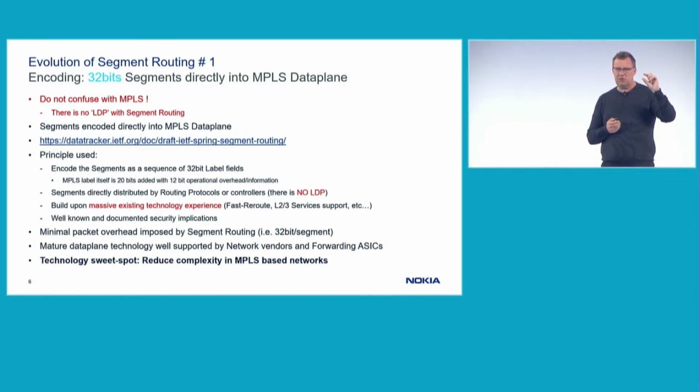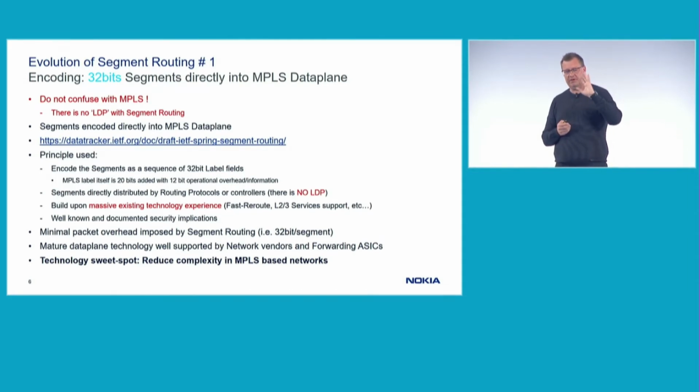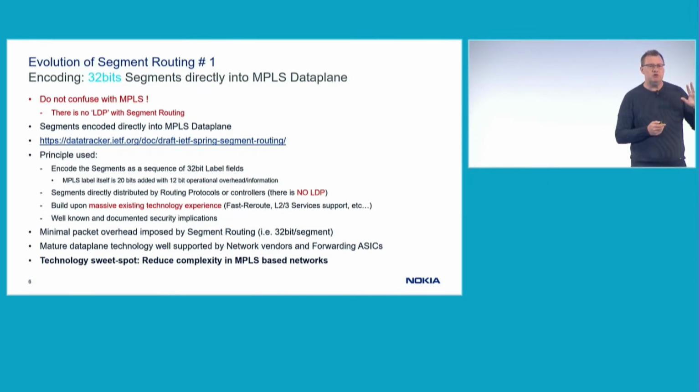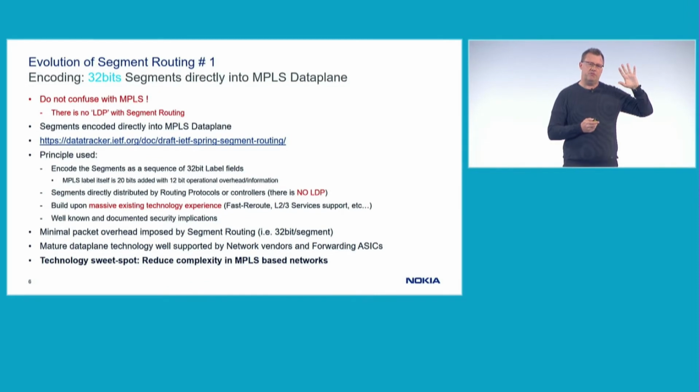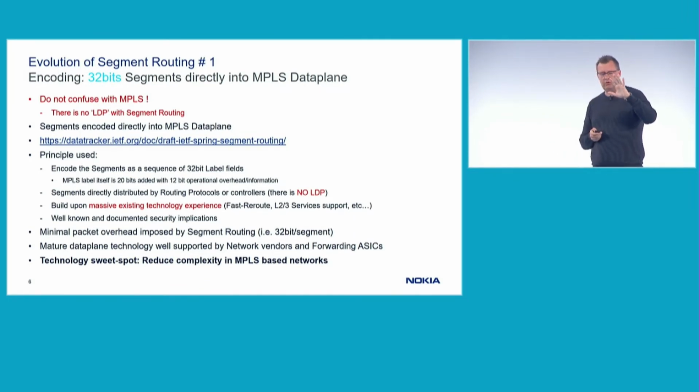In some of the other segment routing technologies, the overhead tax is slightly larger, but at the same time, it gives you some additional benefits. It's pretty mature. Many people have been using MPLS forwarding for a very long time and have lots of operational experience with it, so all of that can be retained. It is relatively secure, and all the security implications are quite well known.